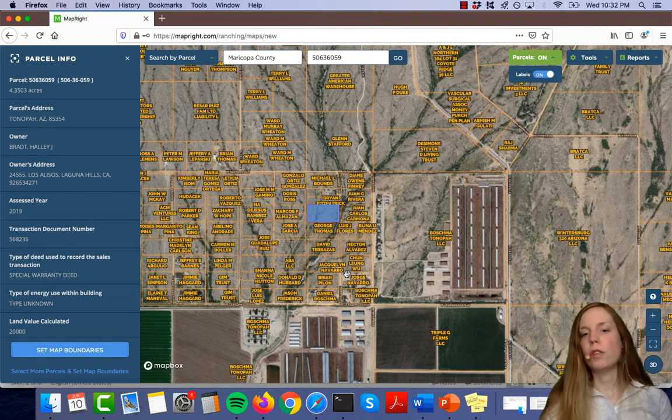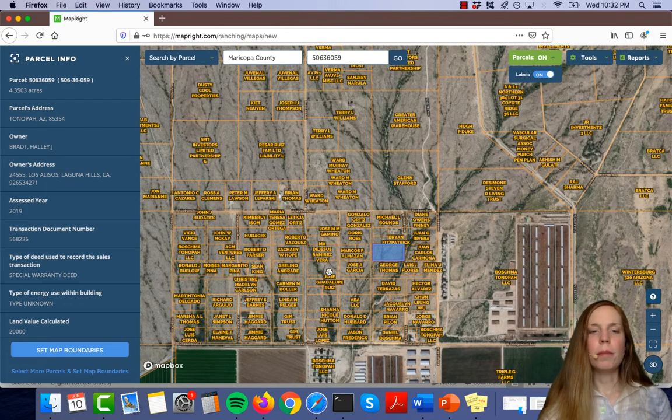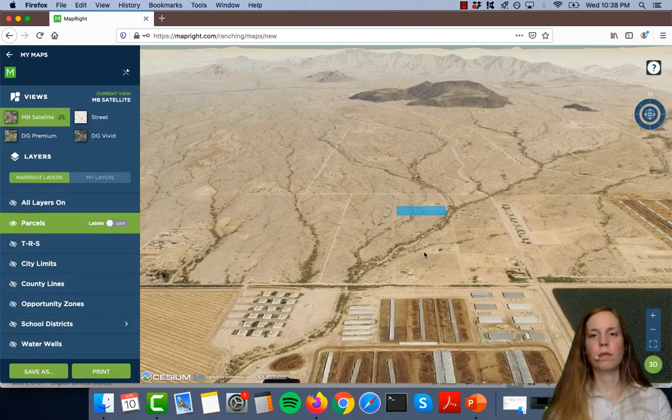You can also look up a particular lot that you're interested in, like say you wanted to know what the structure may be. You could see the business name here and look that up and try to figure out what they do, and then that could help you figure out what's going on around here. Obviously it looks like farmland, but this can be a really useful feature.